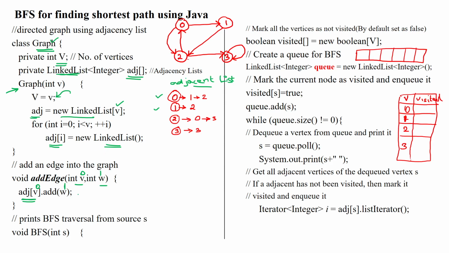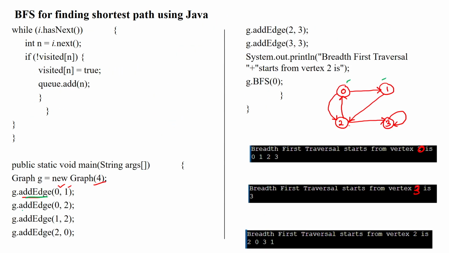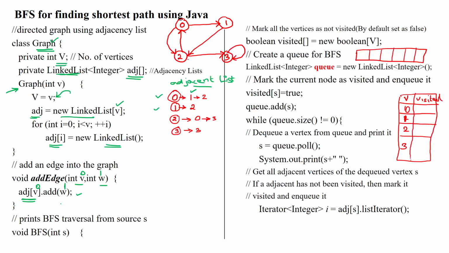Then after adding the edge 0 to 1, we are creating the edge for the adjacency node. For 0, 1 is one adjacent node, and then we are adding the next edge from 0 to 2. So here from 0 to 2, this edge we are adding, and this edge is added by calling the method addEdge.